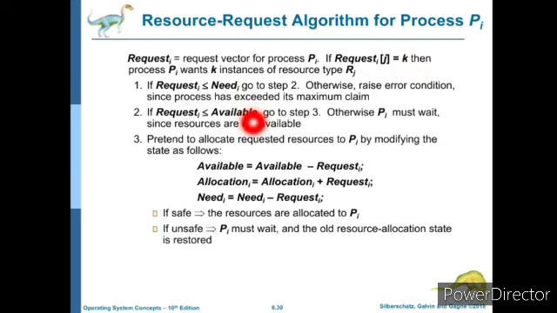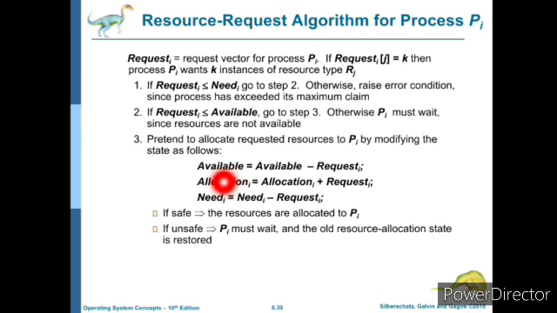Okay, if both the conditions are satisfied, then pretend to allocate the requested resources to Pi by modifying the state as follows. So we need to modify the state. These are the data structures we use, so the data structure values might change when the process Pi requests for the resource type Rj.